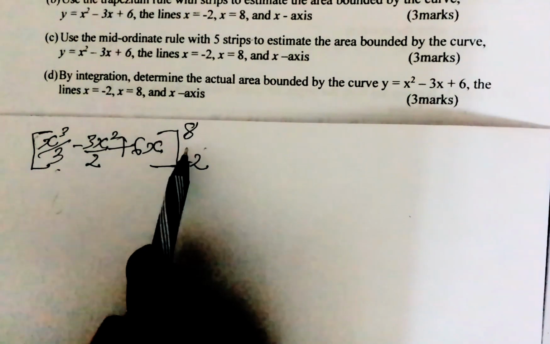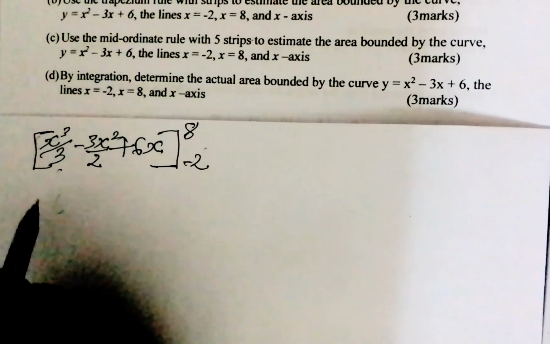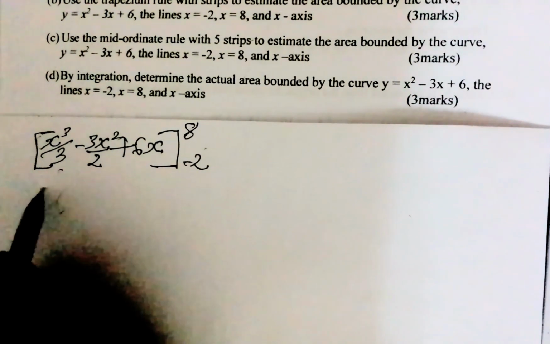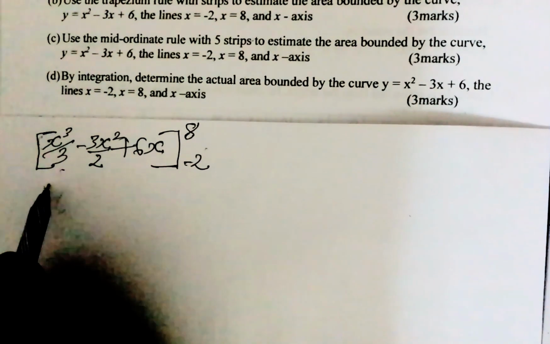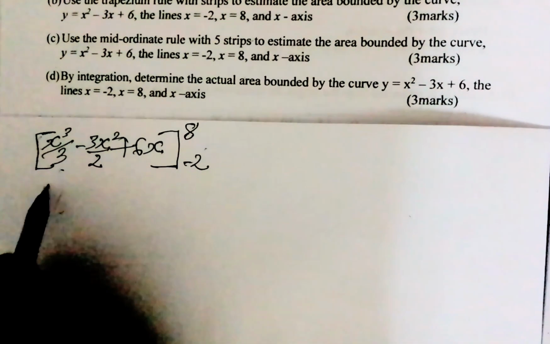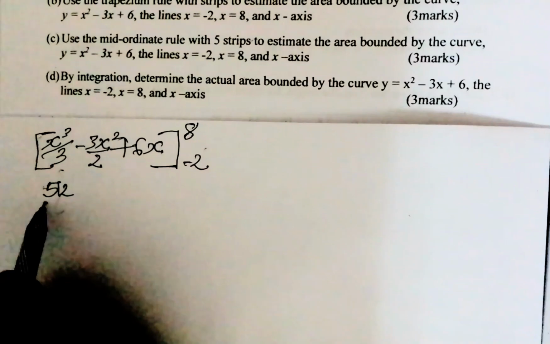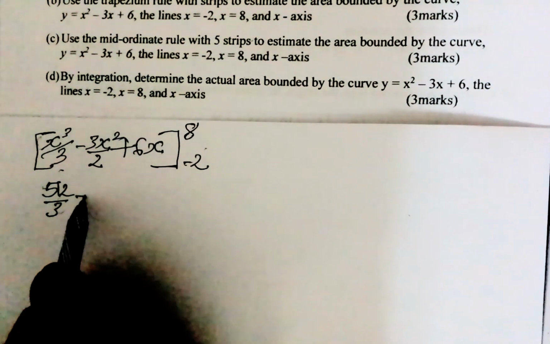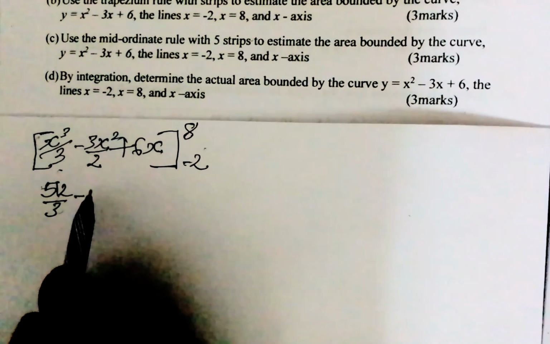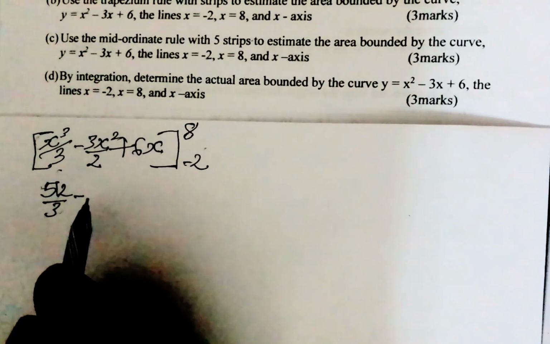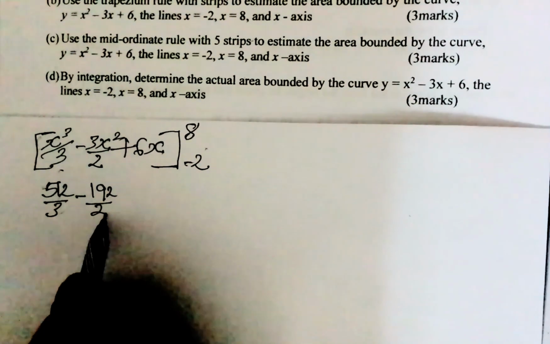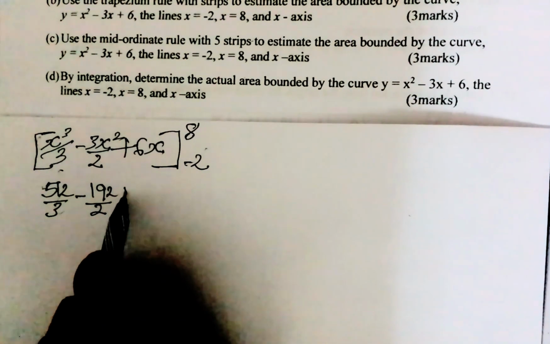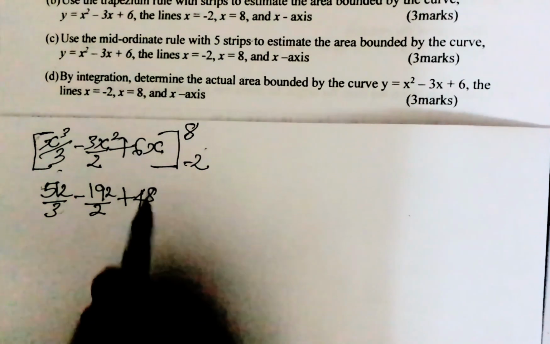So we open the brackets. We start with 8 cubed, which gives us 512 over 3, minus 3 times 64, that is 192 over 2, plus 48.